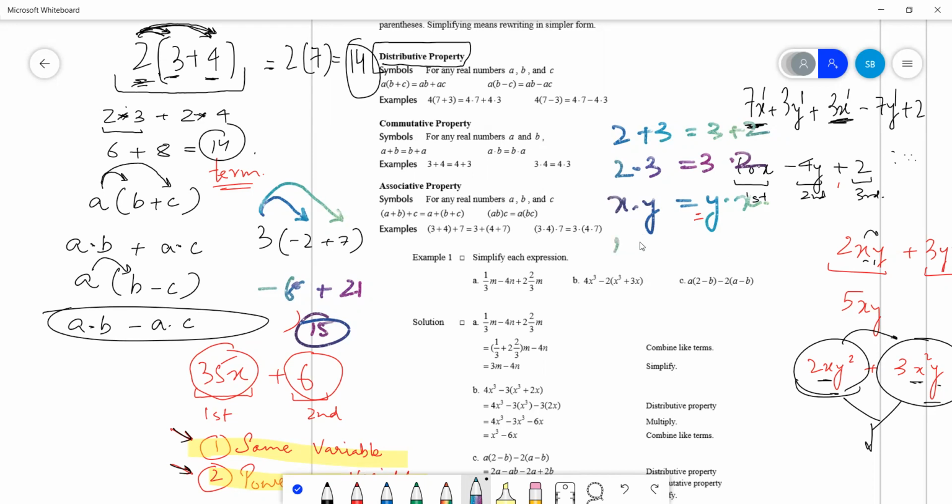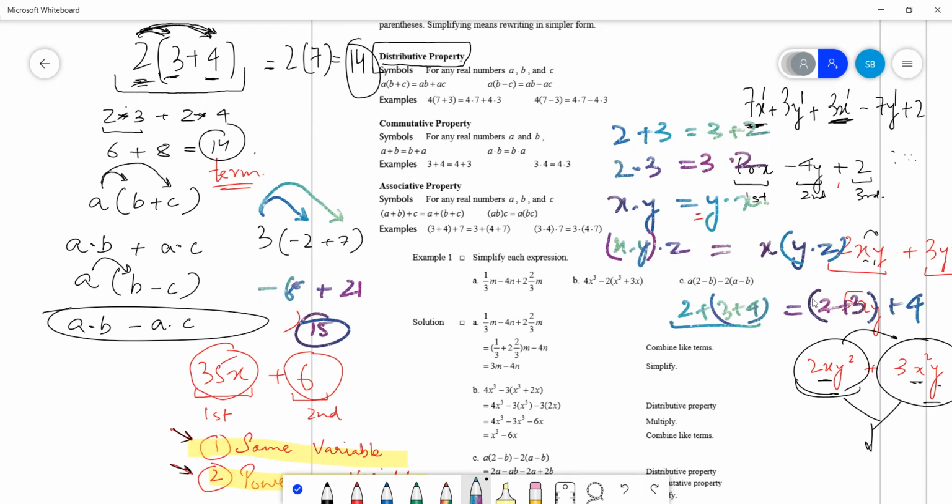If you're having x times y times z, but x and y are in parentheses, you can change the parentheses. You can write x times (y times z). The answer will still be the same. If you're having 2 plus 3 plus 4, you can write it as 2 plus (3 plus 4). The answer will still be the same.